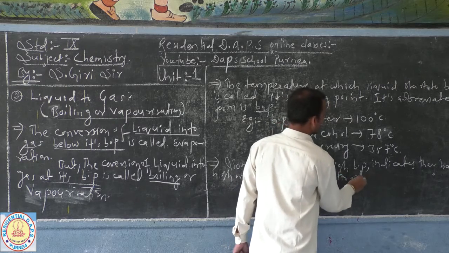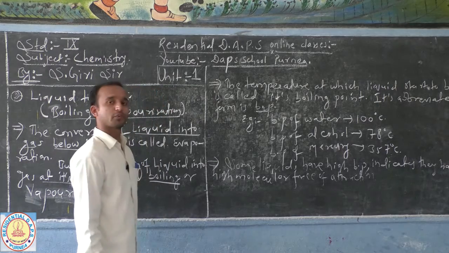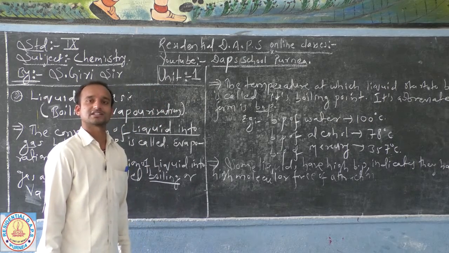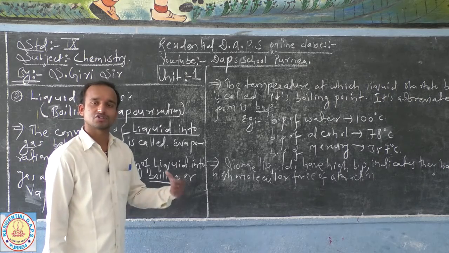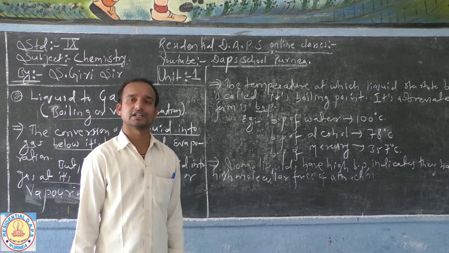I told you earlier, the higher the melting point, the more rigid the substance; the lesser the melting point, the softer or more brittle in nature that particular solid is.